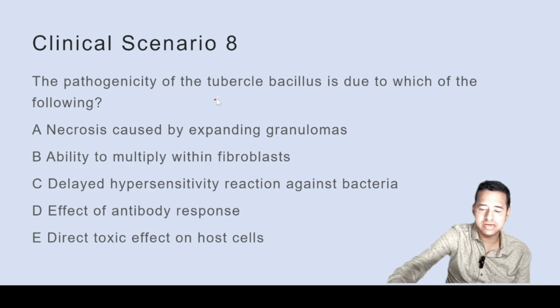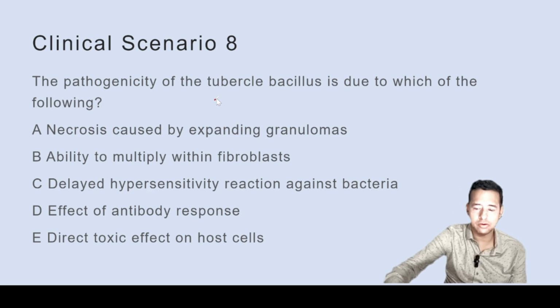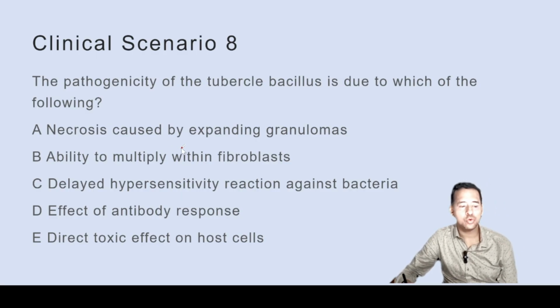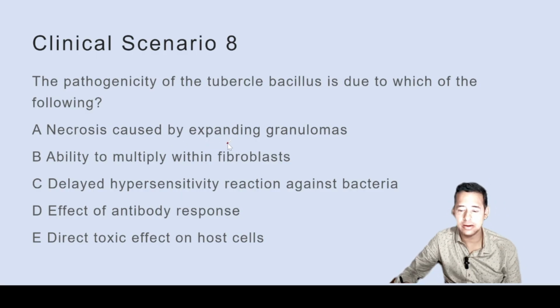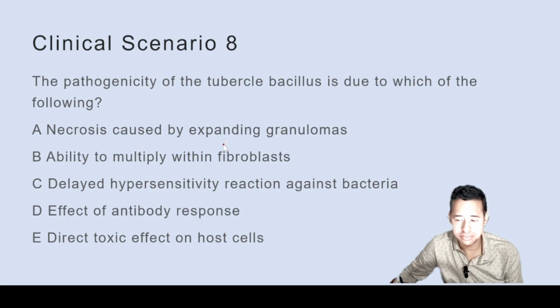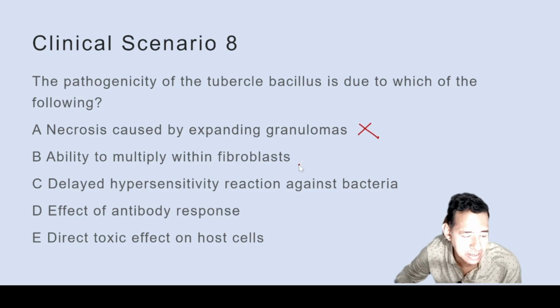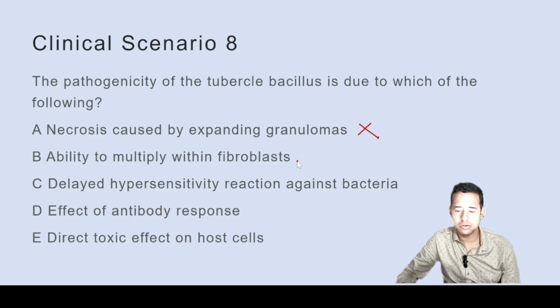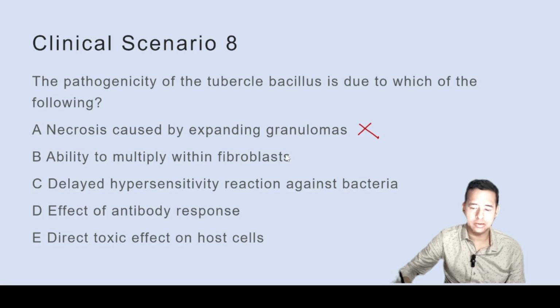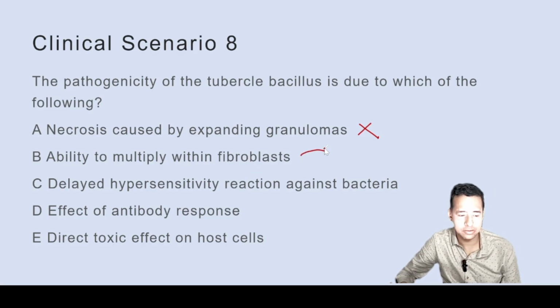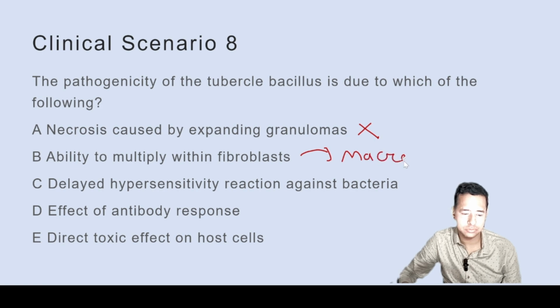So here we have to discuss all the possible options. Necrosis caused by expanding granuloma: no, because it is secondary to the delayed hypersensitivity response, not the primary mechanism. So this is not the answer. Ability to multiply within fibroblasts: no, TB mainly survives within macrophages, not fibroblasts, so this is also not the answer.